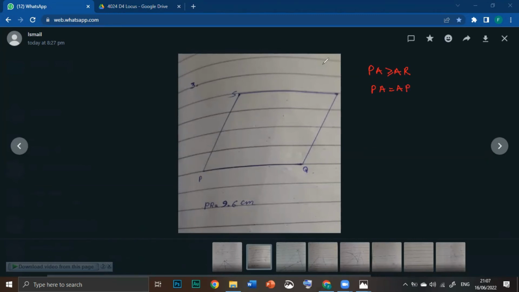What are the fixed points? Sir, P. Yes, P and R. Now, can you please tell me the locus described by this equation?